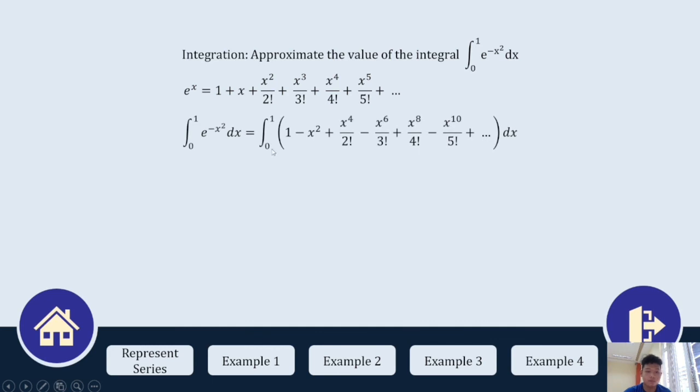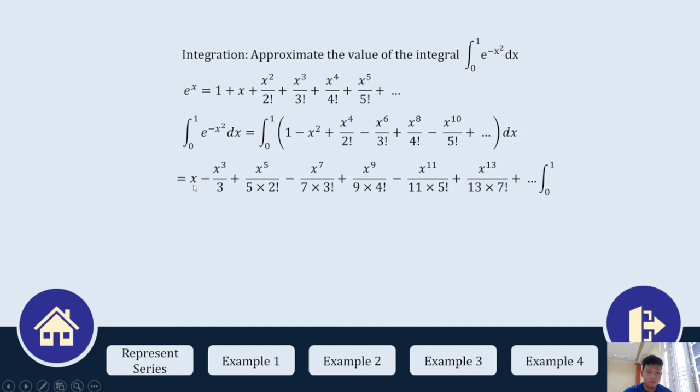So if we do the integration from 0 to 1, we get x minus x cubed over 3 plus x to the power of 5 over 5 times 2 factorial minus x to the power of 7 over 7 times 3 factorial plus x to the power of 9 over 9 times 4 factorial minus x to the power of 11 over 11 times 5 factorial plus x to the power of 13 over 13 times 7 factorial plus and so on.